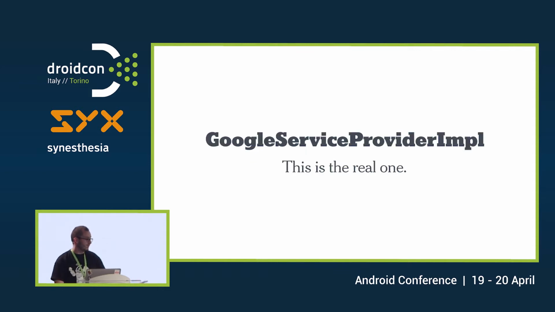So this is class number 1. This is the real one, GoogleServiceProviderImpl. Any request or call onto this class's methods passes through directly to the Google Play app service.